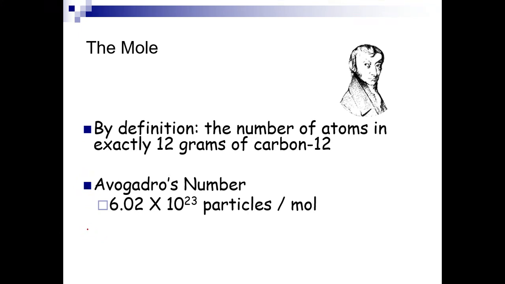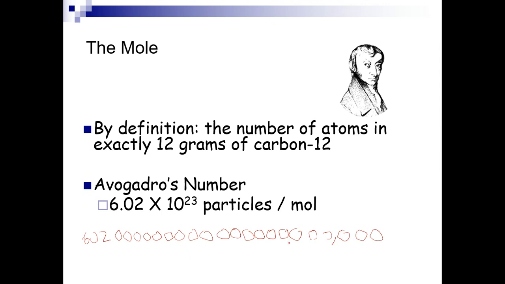It's 602, and then 1, 2, 3, 4, 5, 6, 7, 8, 9, 10, 11, 12, 13, 14, 15, 16, 17, 18, 19, 20, 21, 22, 23 digits after.